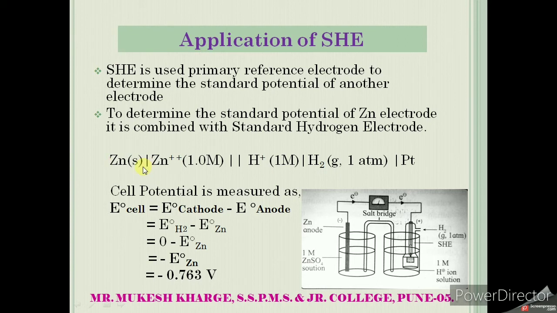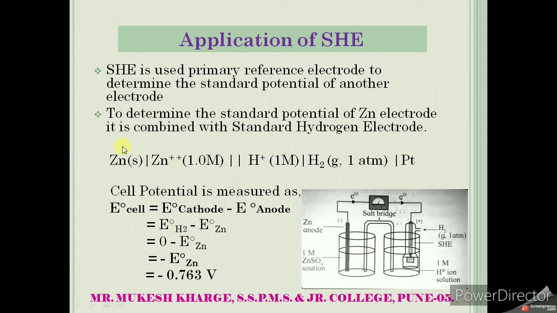So zinc in solid state in presence of zinc 2 plus ion 1 molar solution or ZnSO4, and on right hand side there is a hydrogen electrode, that is standard hydrogen electrode. So platinum wire is in contact with hydrogen gas at 1 atmosphere pressure, which is in presence of 1 molar H plus ion solution, and these 2 electrodes are connected through salt bridge. So double vertical line indicate they are connected through salt bridge.